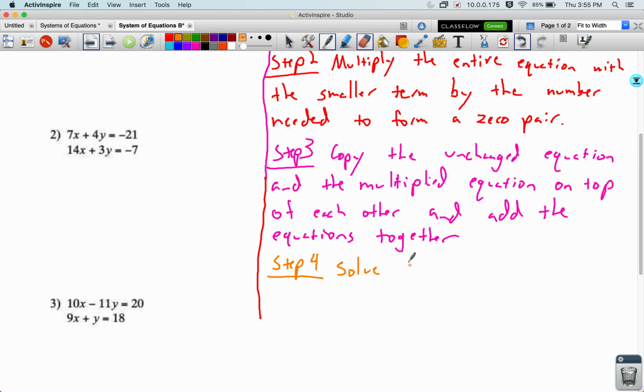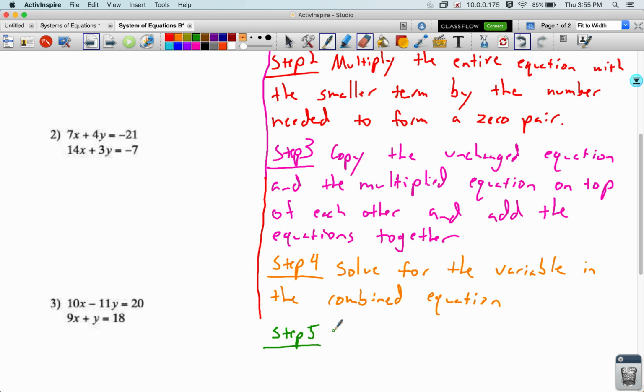Solve for the variable in the combined equation. That's step 4, and I'll go ahead and add in step 5 now. This is very similar to our easy step-by-step binder.